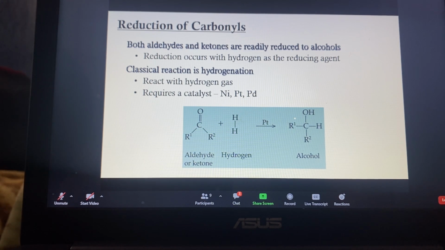So I just wanted to ask if you guys were comfortable looking at something like this. We've got our small little molecule that adds across that double bond. We have two bonds that are broken, two bonds that are formed.